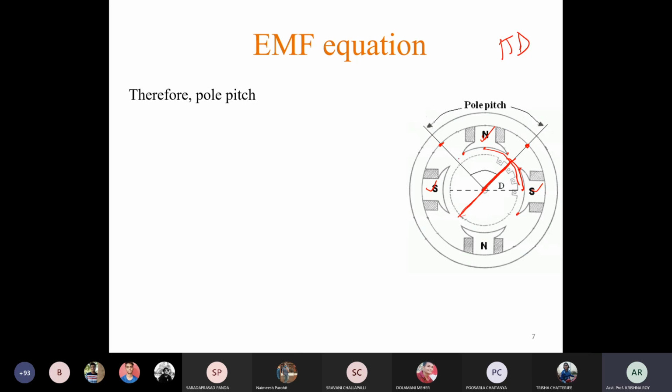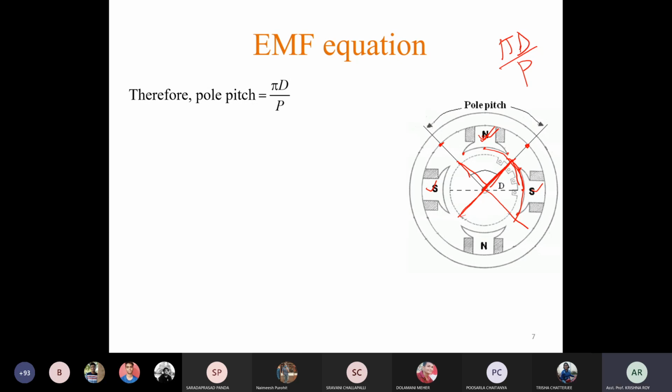So pi d is the total circumference of this cross section of this rotor, but only this section is under this pole, or this section is under the south pole, which is the same as the pole pitch. Which means if we divide this length by p, we will get the pole pitch. So pole pitch is equal to pi d by p.